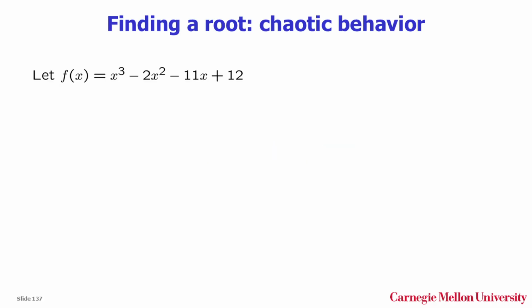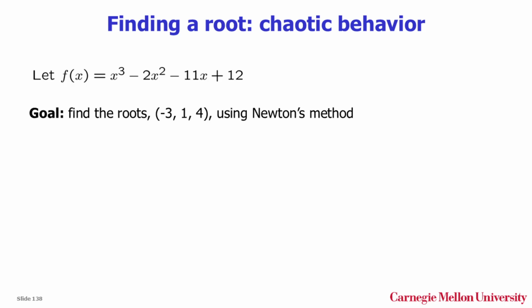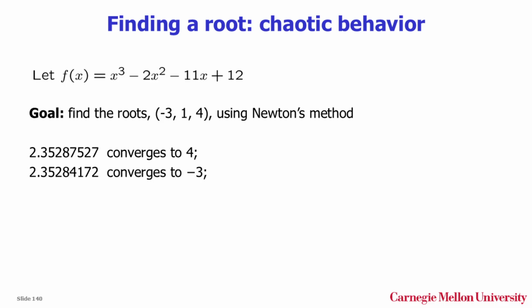First, consider the example where f of x is a third-order polynomial. Our goal is to find the roots of this polynomial. In this case, you can verify that the roots are -3, 1, and 4. Starting from this number, the method converges to 4. Starting from a tiny bit different number, the method converges to -3.